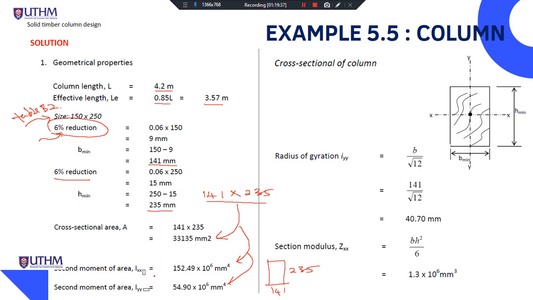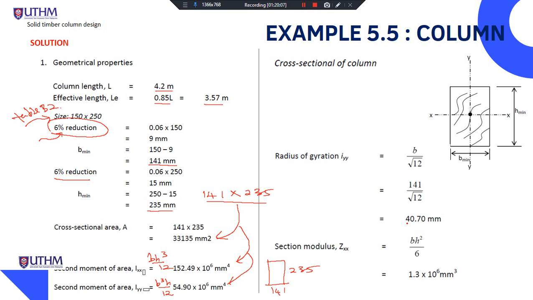This is for the IXX, here is B, here is H. For the IYY, here is B, here is H. Here B H power of 3 divided by 12, here is B power of 3 H divided by 12.